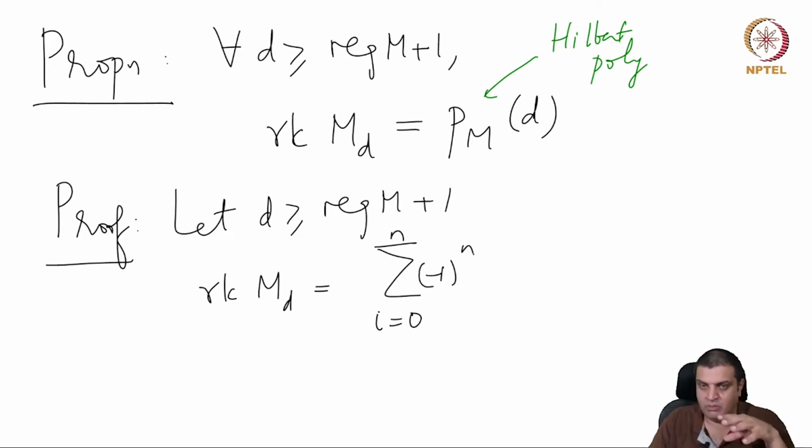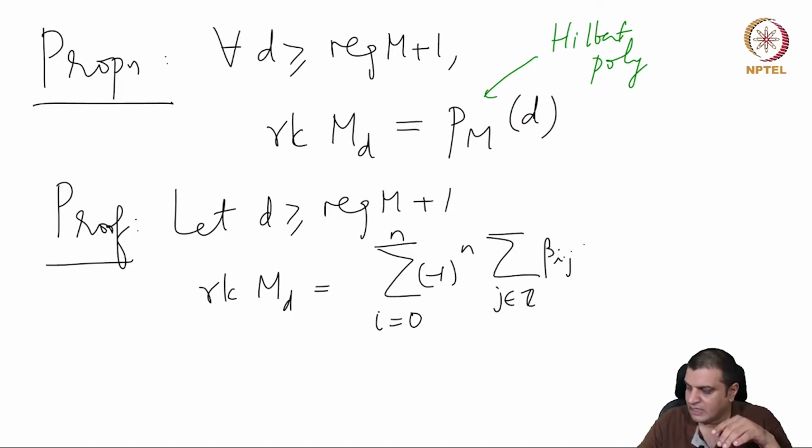Now we are worried about F_i. So there's going to be a sum over j in Z of beta_ij times the rank of R(-j) in degree d.